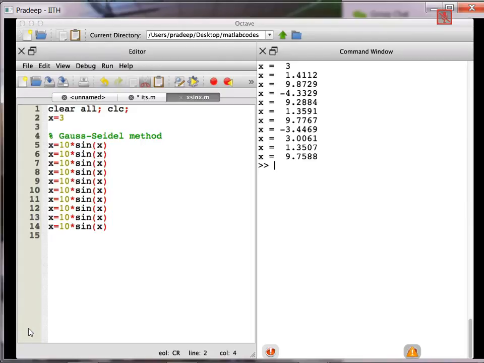Because the sine value is like this and our line is like this, there are multiple solutions here, here and here. So because of that, again the answer might be jumping.